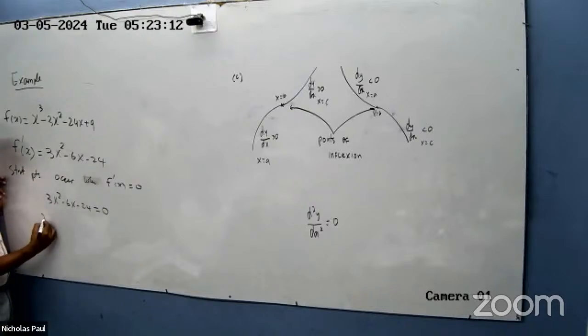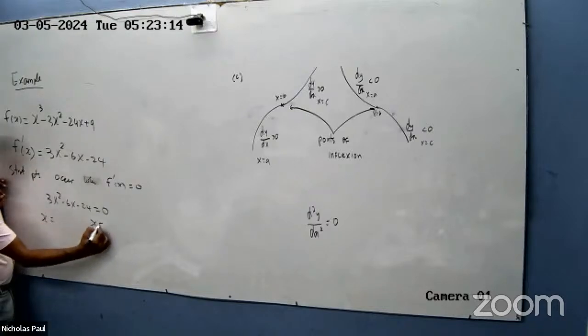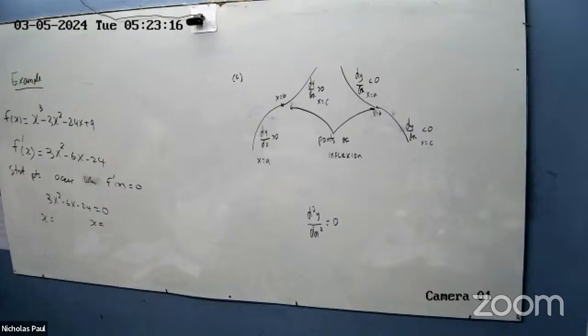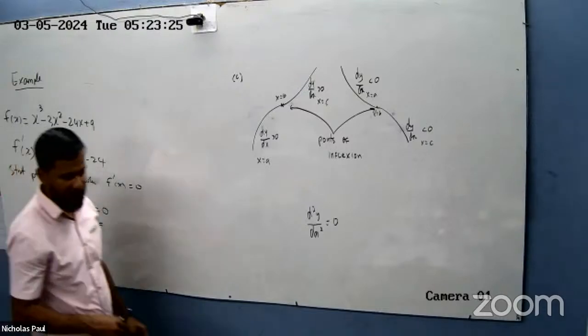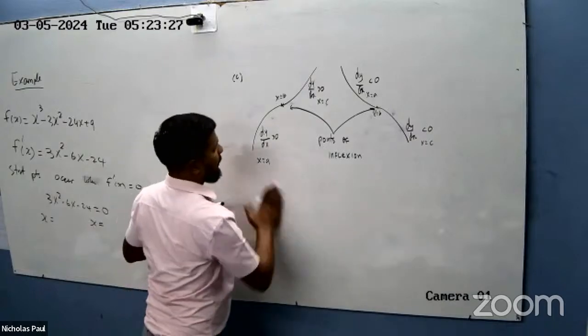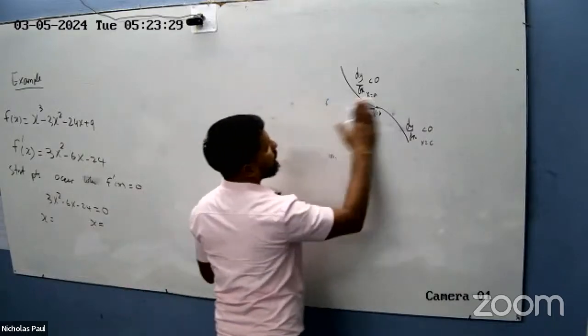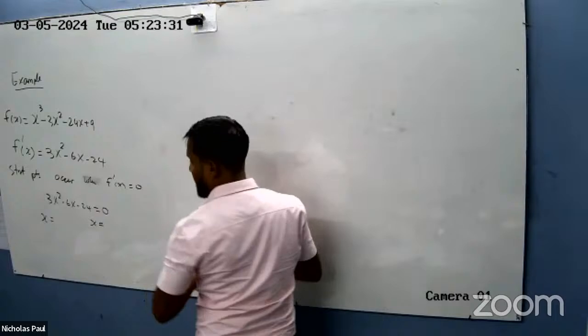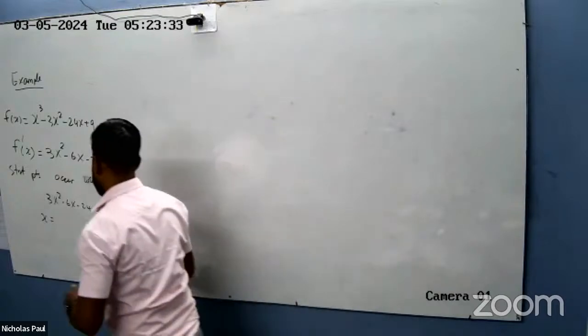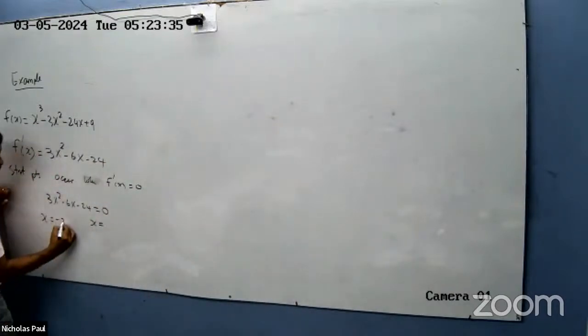Tell me what you get. Sorry? Minus 2 and 4. So x is minus 2, 4.